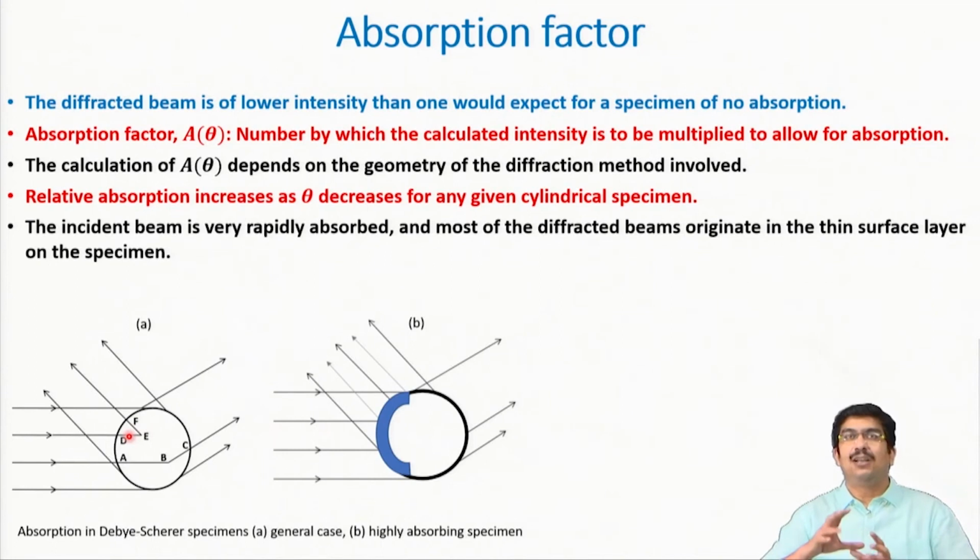And this will of course depend on the linear absorption coefficient of the material. So, if we imagine a highly absorptive specimen, something like tungsten, then the entire diffraction phenomenon will happen in a very small region close to the surface. All other beams which enter the specimen will be absorbed, and there will be nothing left for diffraction itself.